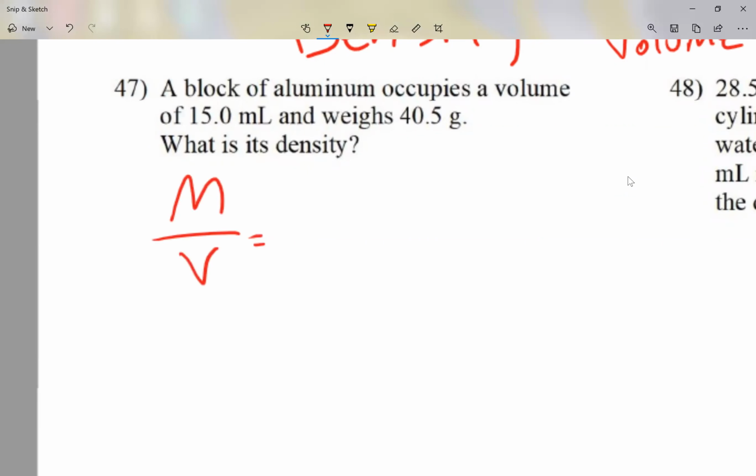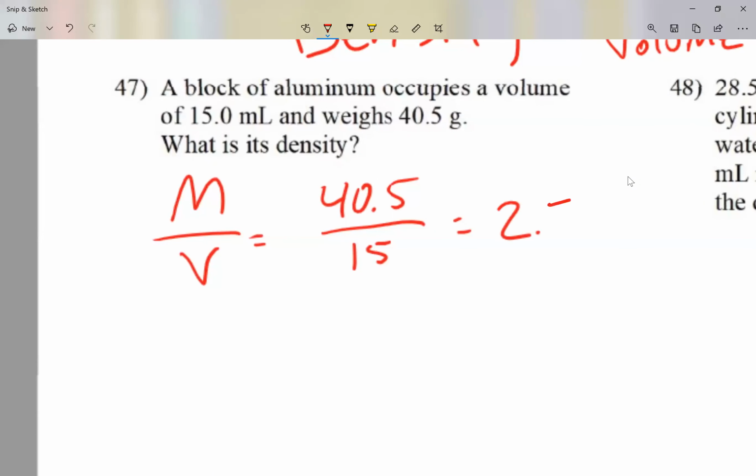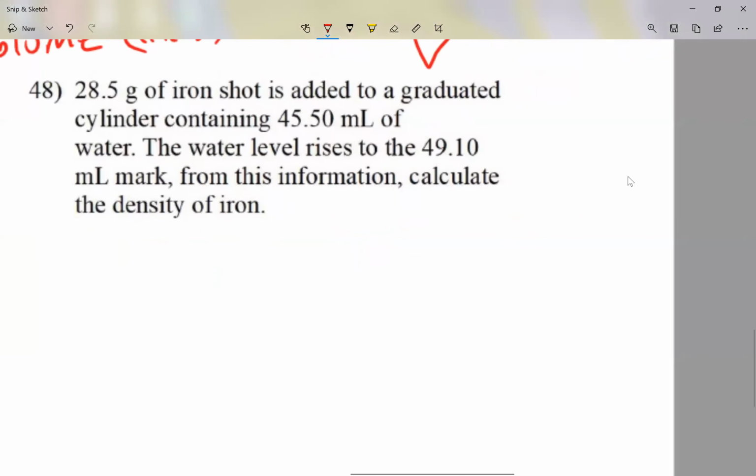The mass, like I said, I'm going to be doing grams. So 40.5. The volume in this case is 15.0 or just 15. I'm just going to go 40.5 divided by 15. And it gives me 2.7. In the chat, somebody has said, is the answer 2.7? Yep. Mass divided by volume.